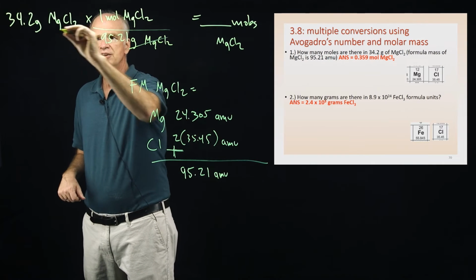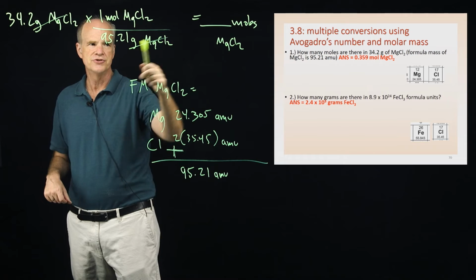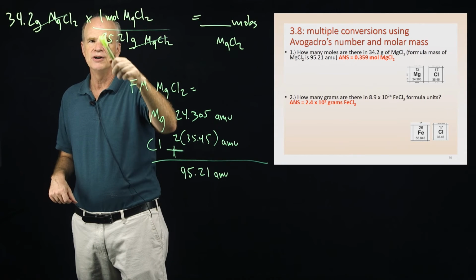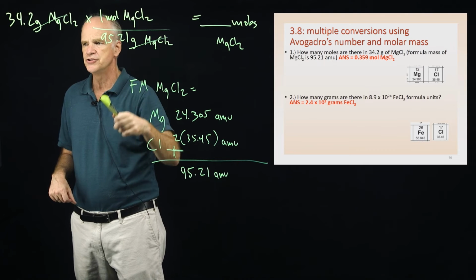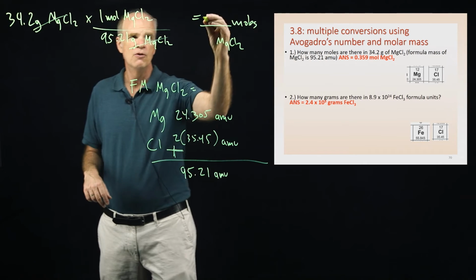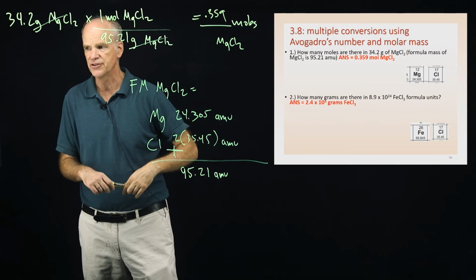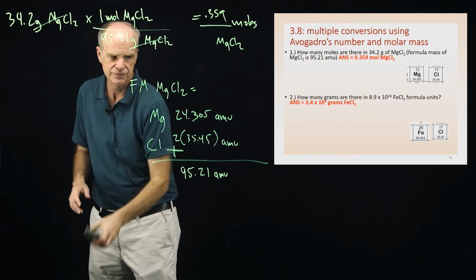So grams magnesium chloride should cancel, and you should get an answer in moles of magnesium chloride. So it's 34.2 times 1 divided by 95.21. It should give you your answer of 0.359 moles of magnesium chloride. Okay, so let's move on to the next one.